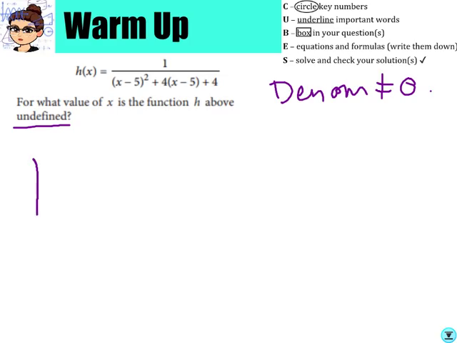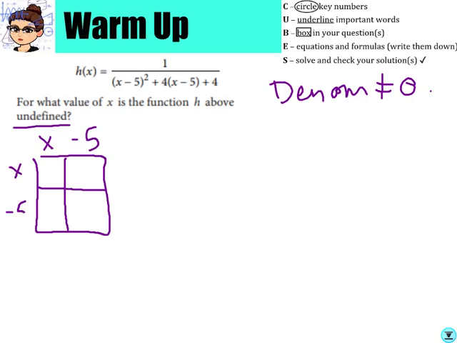So we're going to need to do the box method for the x minus 5 quantity squared. That power does not distribute. So x squared minus 5x minus 5x is an x, and 25 gives us x squared minus 10x plus 25.